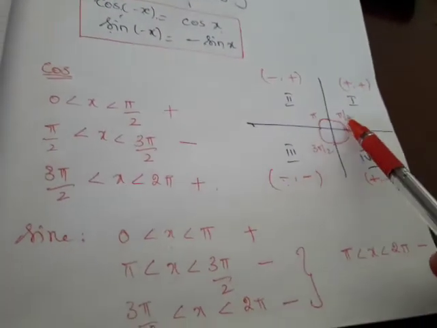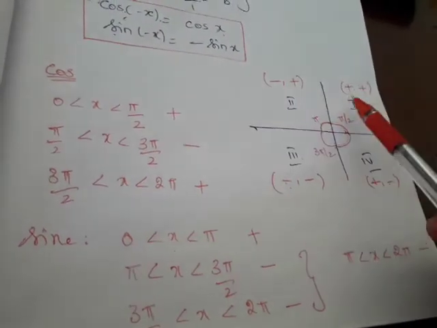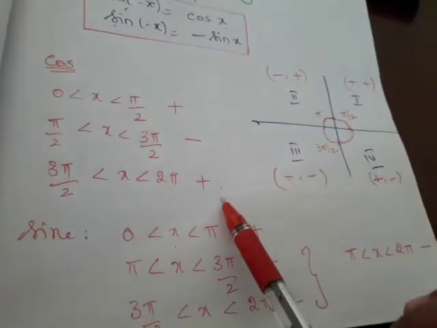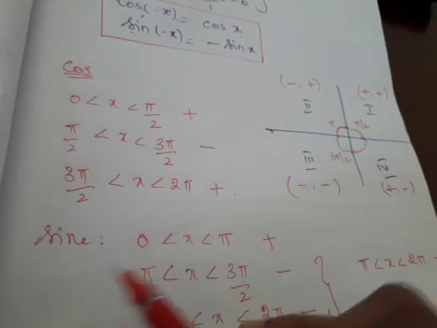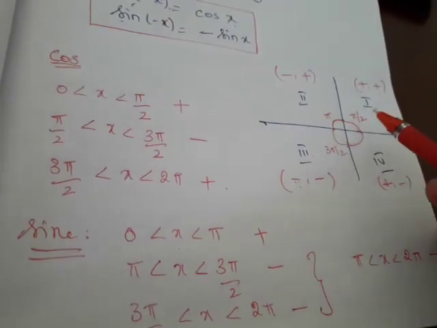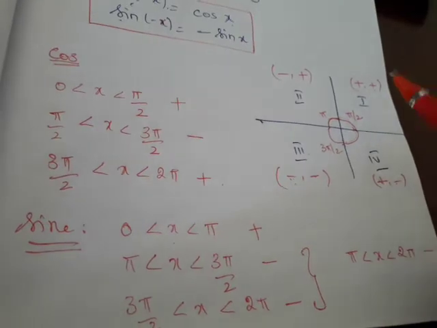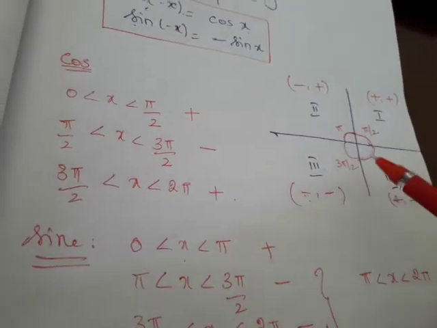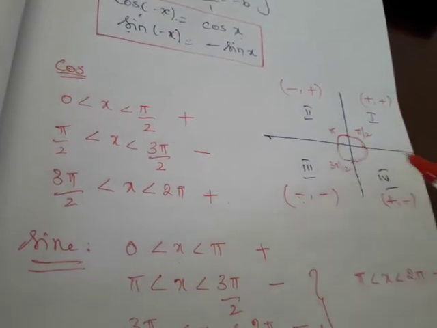So cos value depends on the x coordinate. Based on the x coordinate sign, we have assigned the sign for the cos function. And similarly for the sine function, we have assigned the sign based on the y coordinate. This is the basic idea which we know already, how the values will be in the first, second, third and fourth quadrant.